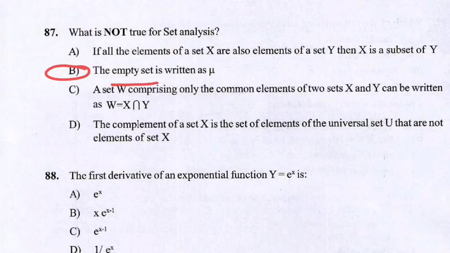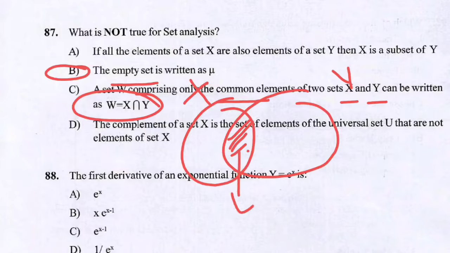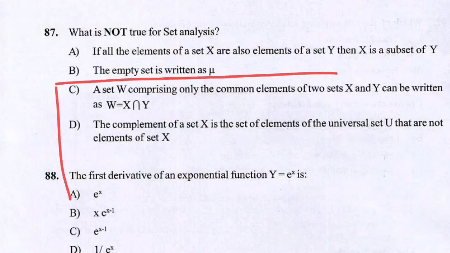A set W comprising only the common elements of two sets X and Y can be written as W is equal to X intersection Y. That's also correct, okay. So if we have X here, then we have Y here, so this set W denotes X intersection Y. The complement of a set X is the set of elements of the universal set U that are not the elements of set X. That's correct.